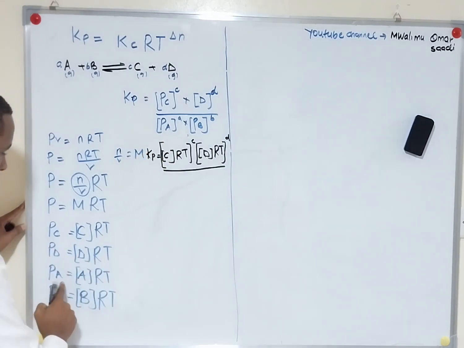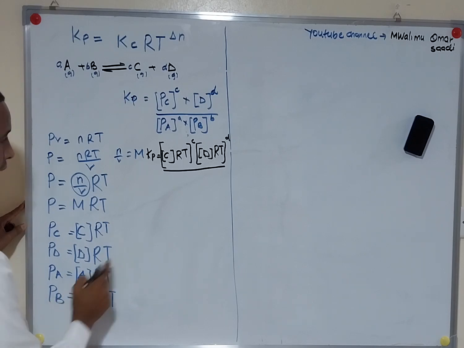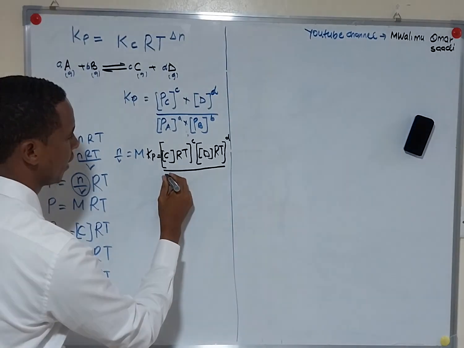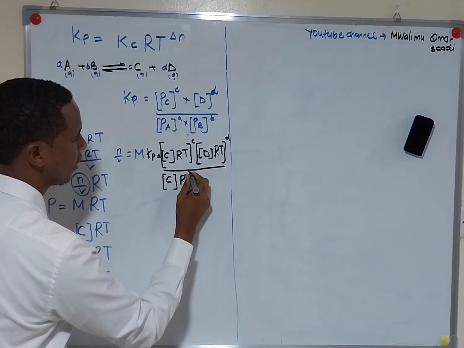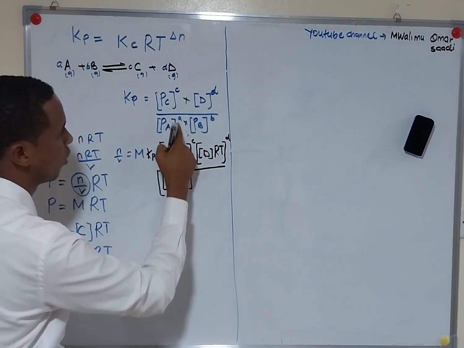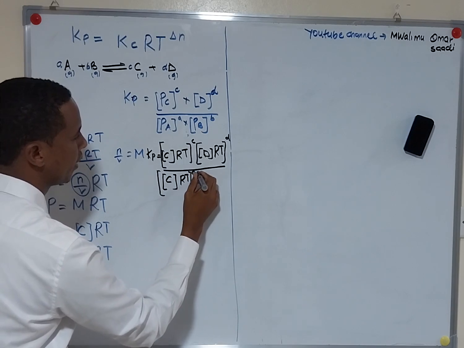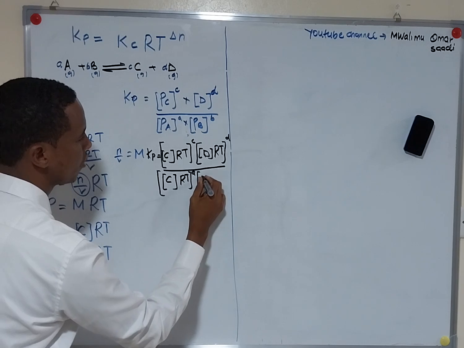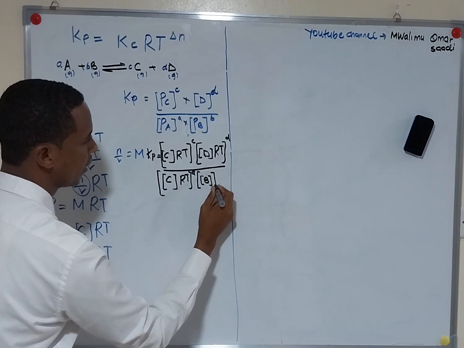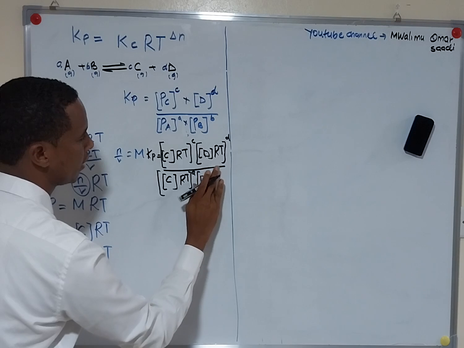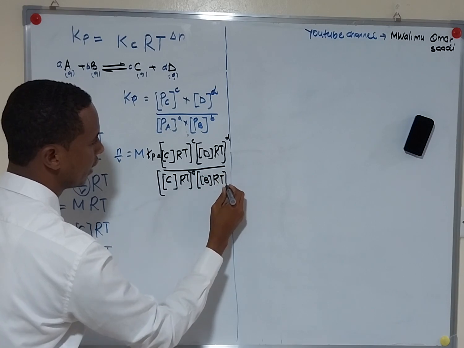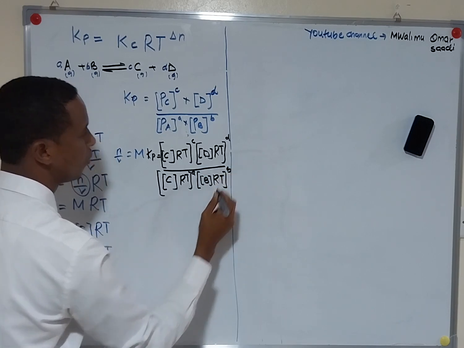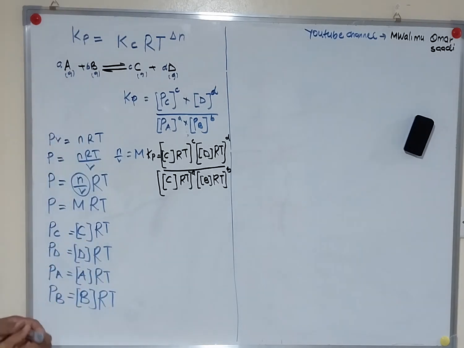For PA, we have the concentration of A times RT, all of that to power a, and then the concentration of B times RT, then the whole of that to power b. So that is what we have there.